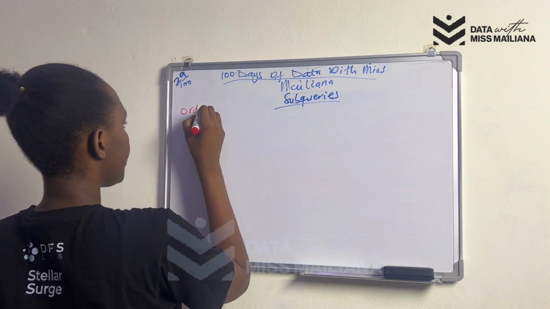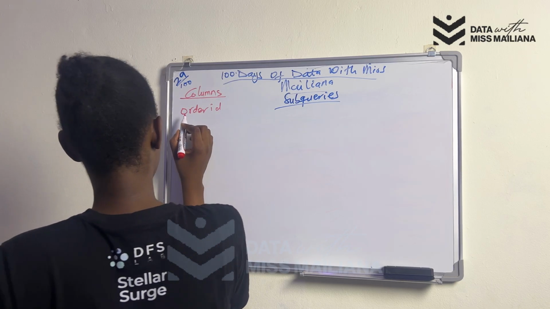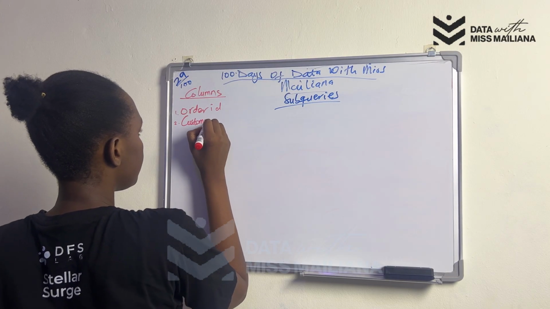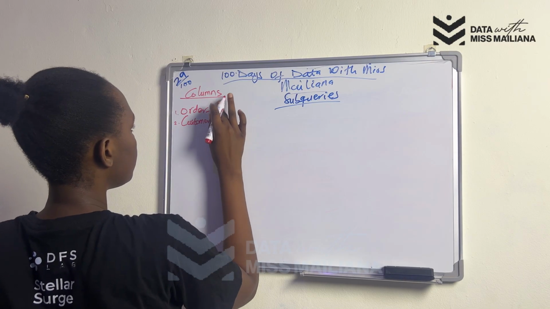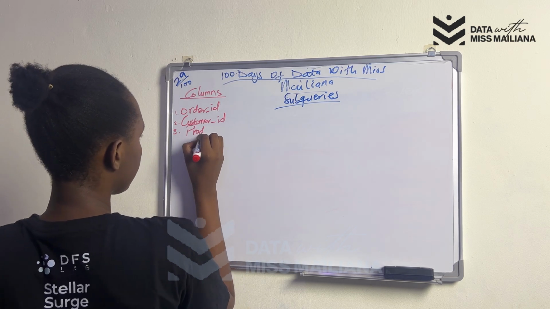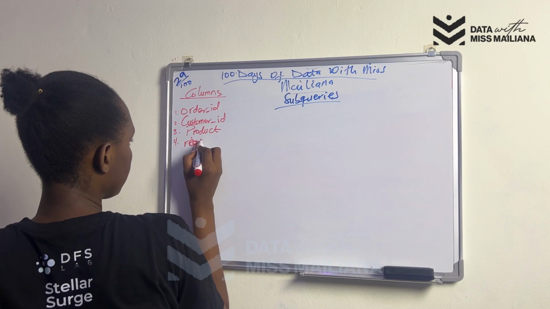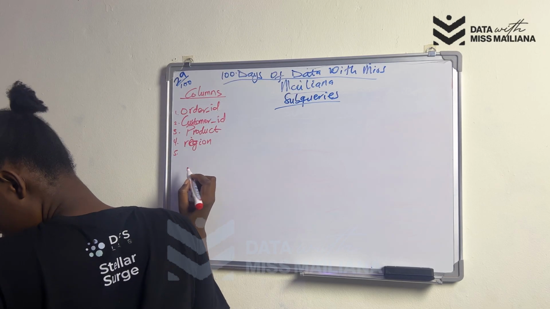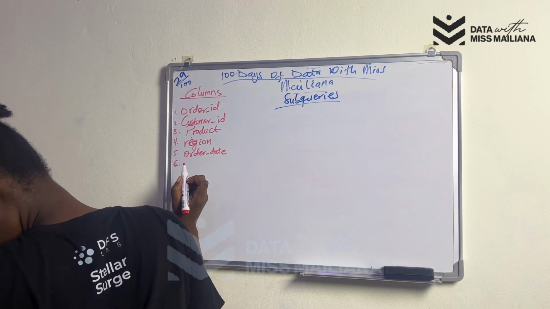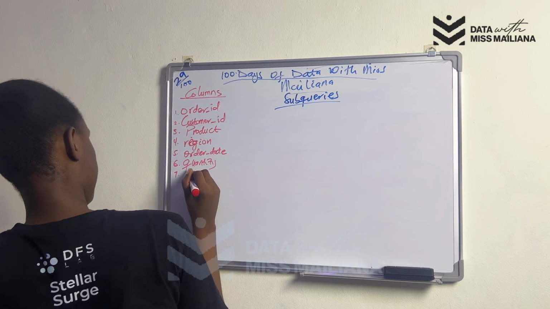Column 1 is order ID, column 2 is customer ID, number 3 is products, number 4 is region, number 5 is order date, number 6 is quantity, and number 7 is revenue.